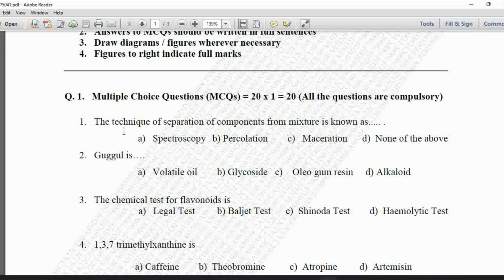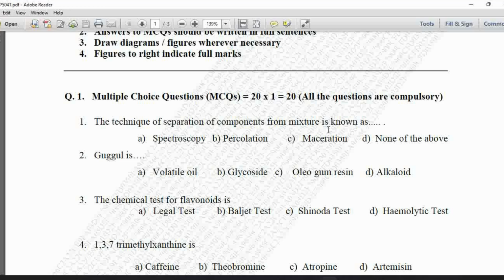Here is your MCQ number 1. The technique of separation of components from mixture is known as option A is spectroscopy, B is percolation, C maceration, and D is none of the above. So if we discuss these options, percolation and maceration are two extraction techniques, whereas spectroscopy is an analytical technique, and the technique which is used for the separation of components from the mixture is known as chromatography.